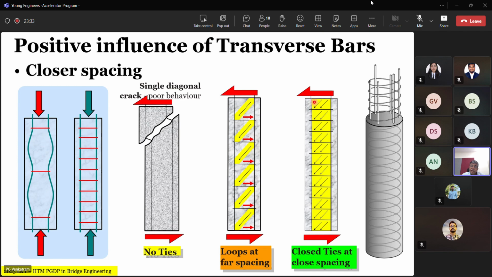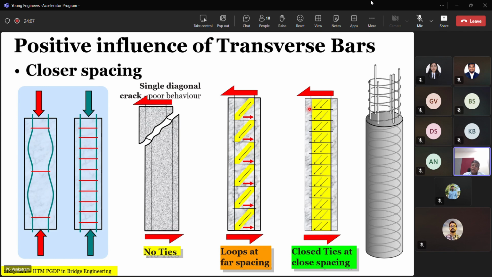We will find that almost all the space within the longitudinal bars and the horizontal ties is brought into a state of compression. Which means we have essentially improved the utilization of concrete to the most efficiency. So to improve the efficiency in the usage of concrete, introduce closer spacing of ties. This is one positive influence of the presence of the transverse bars.